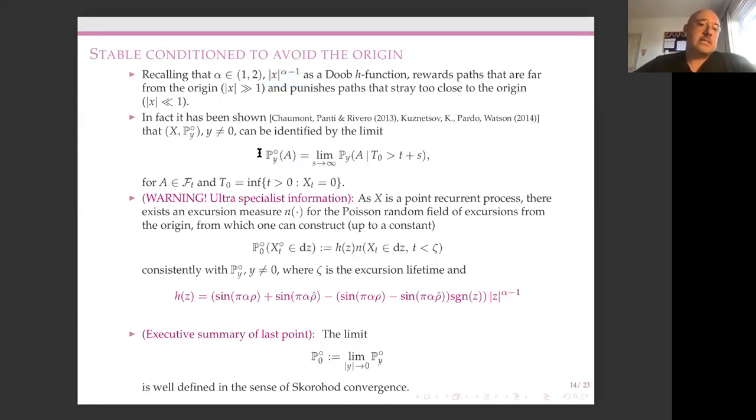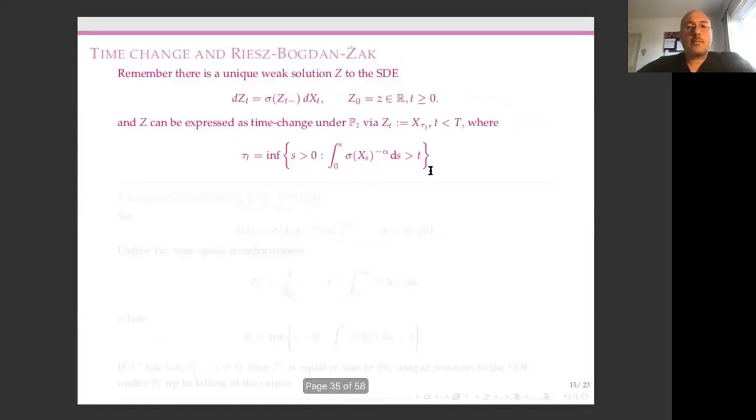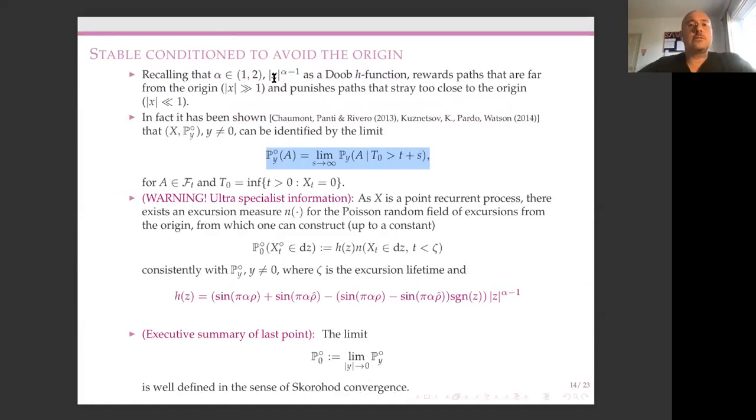And so it turns out that this would correspond not to conditioning to avoid the origin, but to approaching the origin continuously by oscillating around the origin closer and closer, and then eventually hitting it. However, I think I've only described this because we're again sticking to this setting of alpha between 1 and 2.